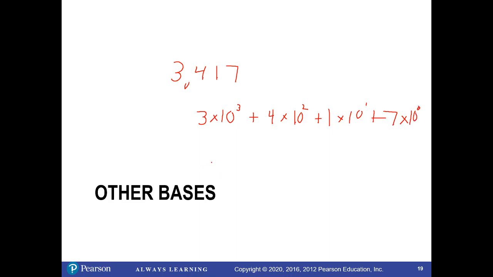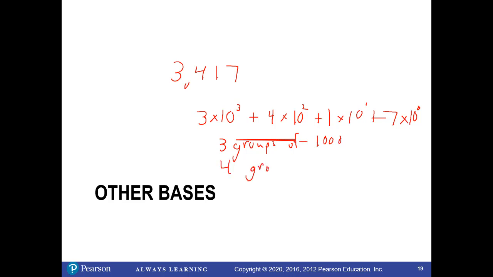And so one way to help you, I think, in other bases is to think about what this means. What this really means is that I have here 3 groups of 1,000. I have 4 groups of 100.